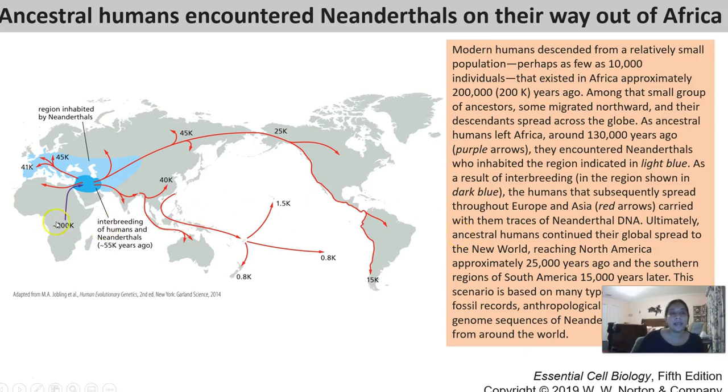So in this case, remember that we had humans that were leaving Africa around 130,000 years ago, and then they were kind of settled down and hanging out in this region where there was a lot of interbreeding within that population.